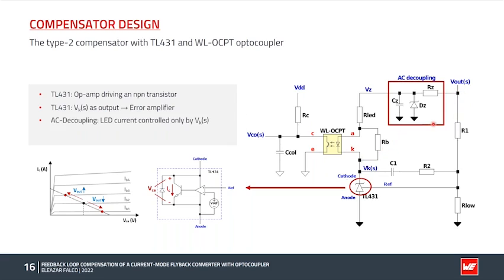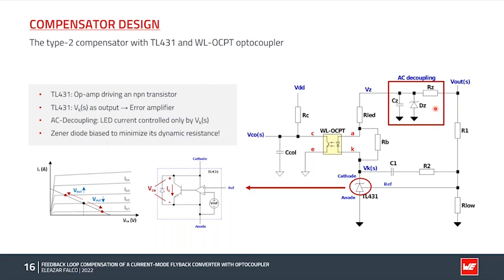We also see an AC decoupling network, which is formed by a standard Zener dropper supply. This is used to prevent the LED current from also being modulated by AC variations in the output voltage. The Zener supply then can be seen as a low-pass filter with a very low cutoff frequency.